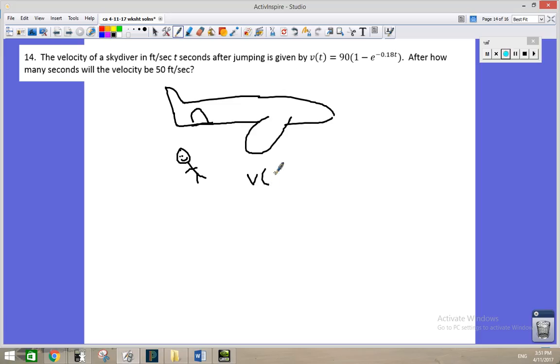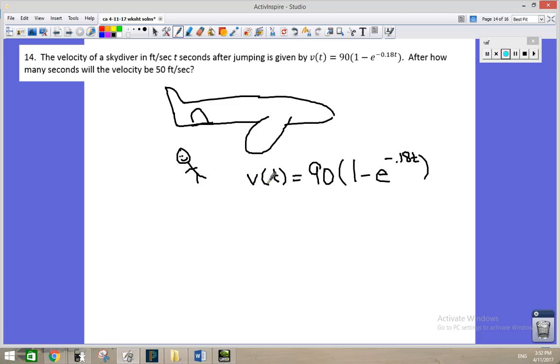t seconds after they've jumped from that plane is given by this equation: 90 minus 90 times the quantity 1 minus negative 0.18 times t. All right.